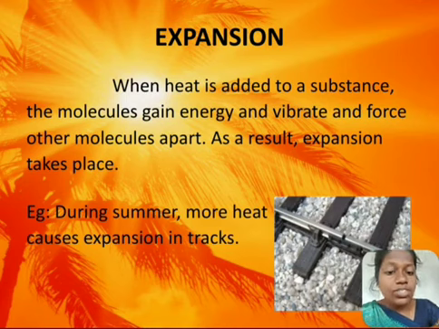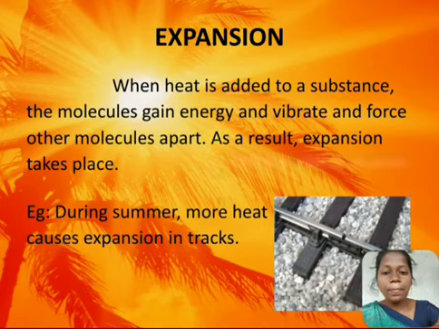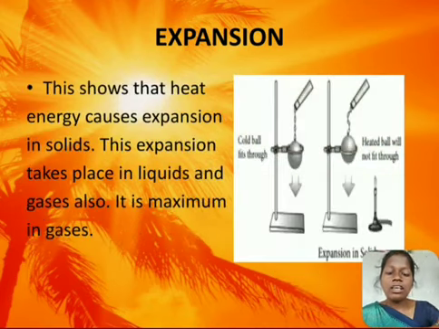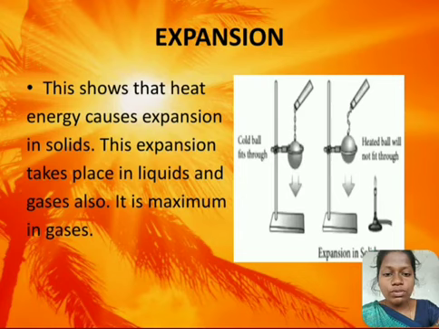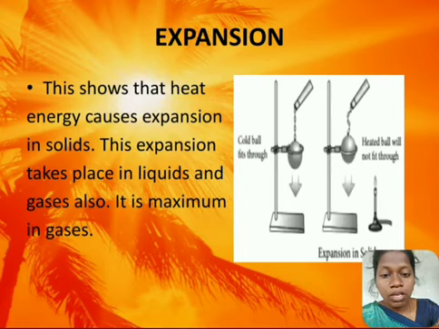See this image. On a railway track during the summer season, expansion happens because of heat. Next, we are going to see one example. First, we take a metal ring and a metal ball.